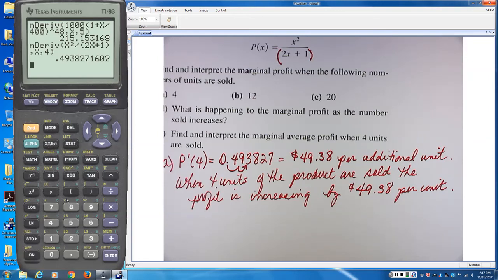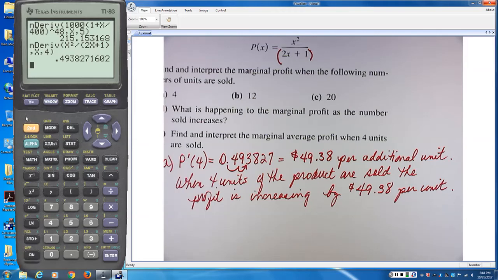Now, the practical interpretation of that is that if you've made 4 units and sold 4 units, your profit on your next unit is going to be $49.38 for the 5th unit. That's a more practical way of thinking about that. But that tells you what's happening.